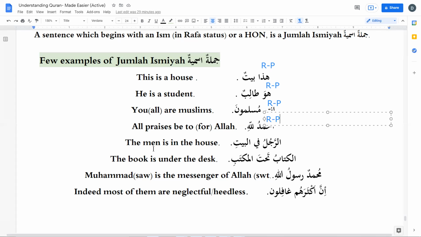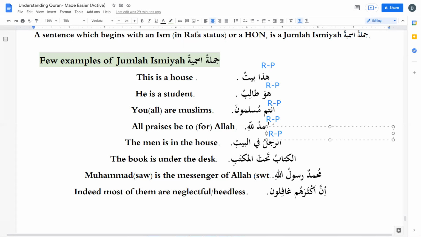Topic of the sentence. And then we have the information about the topic. So ar-rajulu is the topic or the subject of the sentence, and it is rafa because we can see dhamma at the end, and it's proper with al. Same goes with al-kitabu.